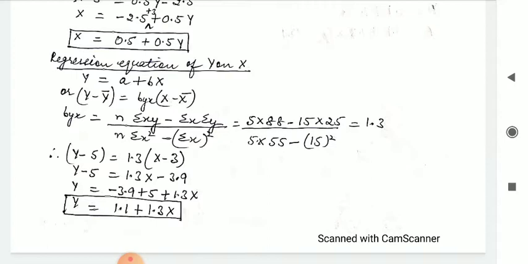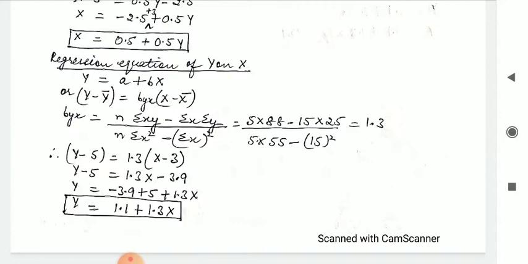So we have all the values x bar, y bar and Byx. So we use the values and we then calculate the regression equation. The regression equation becomes y minus y bar, which was 5, is equal to Byx, 1.3, into x minus x bar, which was 3.